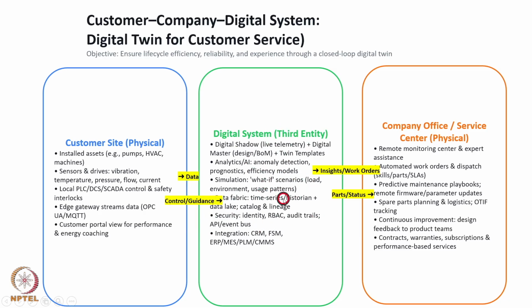This is a third-party system, and then action is taken through a feedback loop by the company office, because the technicians get the instruction or the decision or analysis from the digital twin, and then the engineers, if they are not authorized by this company, will take the action accordingly and fix the problem.